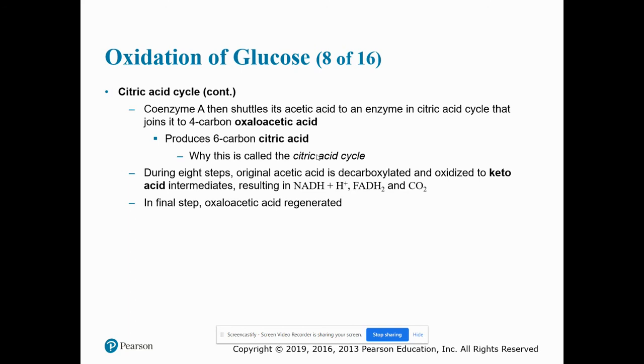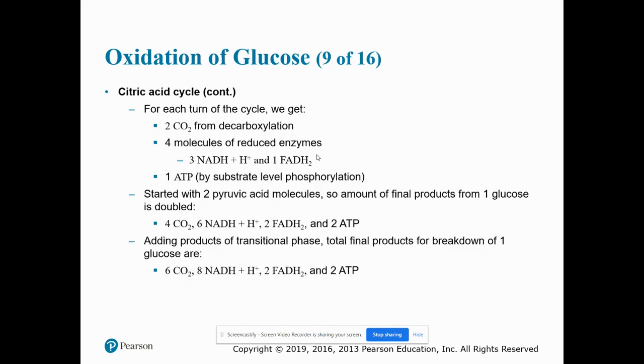And this is going to result in NADH plus hydrogen and FADH2 and CO2. In the final step, oxaloacetic acid is regenerated. In the citric acid cycle, for each turn, we're going to get 2 CO2 from decarboxylation, 4 molecules of reduced enzymes, 3 NADH, and 1 FADH2.